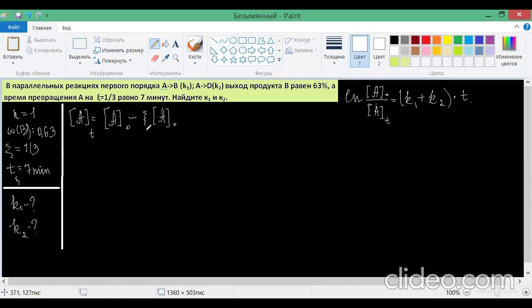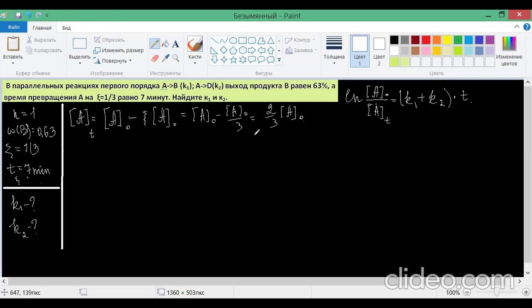It's another wonderful Greek letter. This coefficient of proportionality is equal to a third. In other words, the concentration of the reagent A by time t, which is equal to 7 minutes, is equal to 2/3 of the initial concentration. Okay, 2/3.